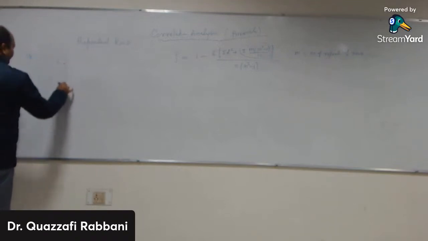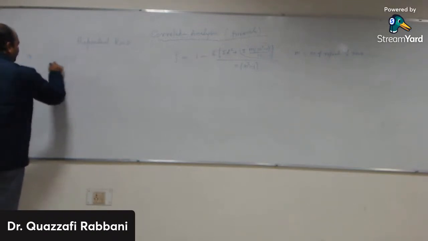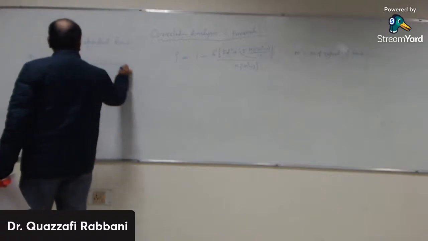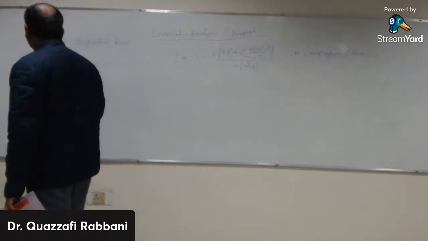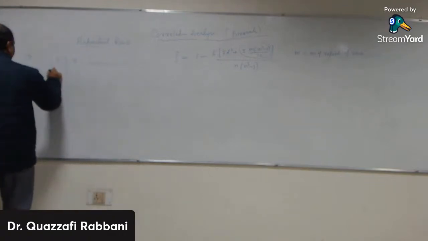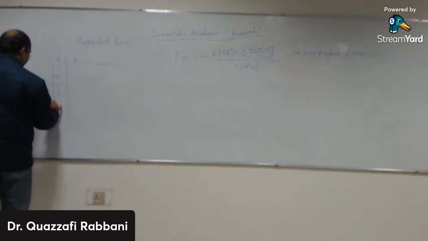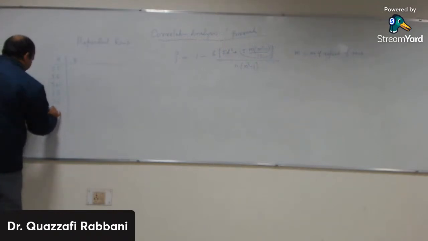For example, suppose we have two variables x and y, and given their values, we convert them into ranks. The values are like this: 25, 36, 30, 22, 36, and 15.